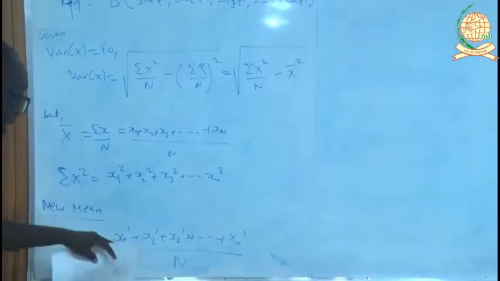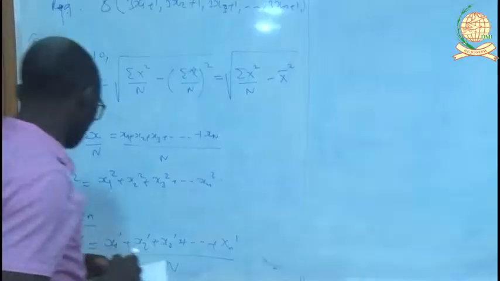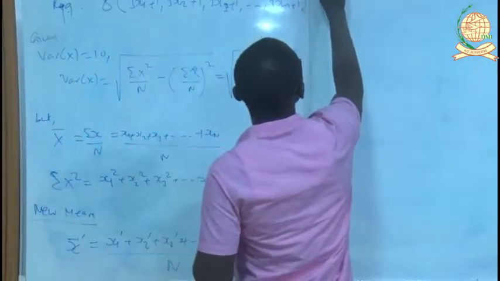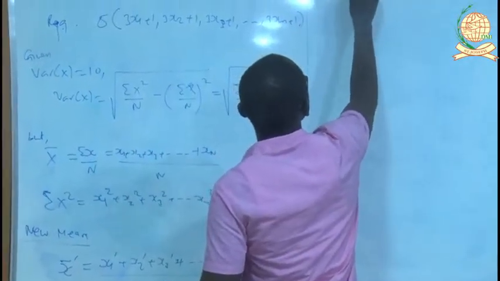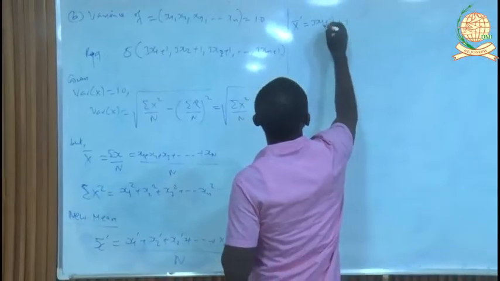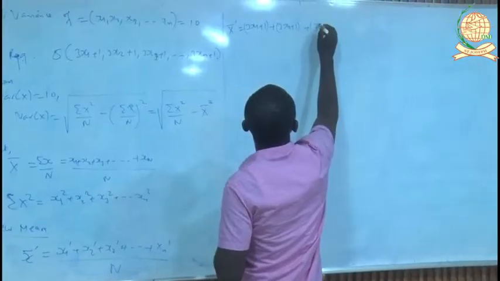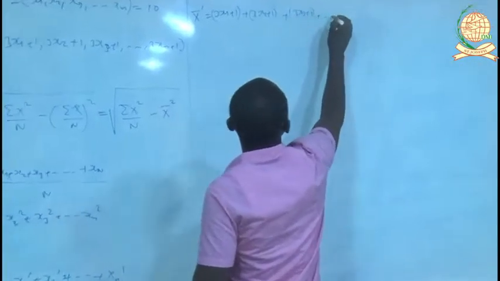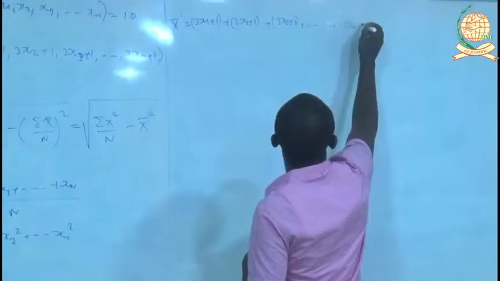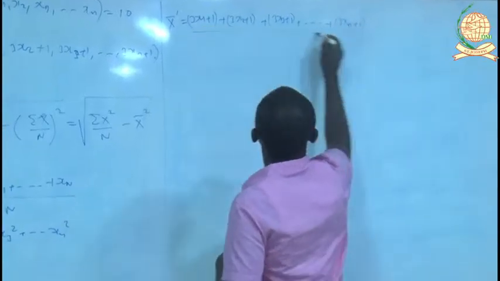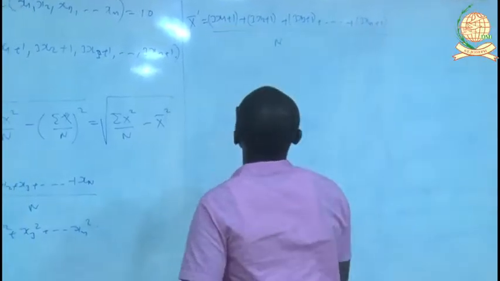But what was the new one? The new one was 3x1 plus 1. Another one, x2, was 3x2 plus 1. Another one was 3x3 plus 1. Up to another one of 3xn plus 1. These are the values of the new x's.